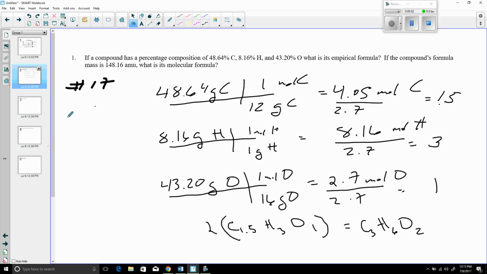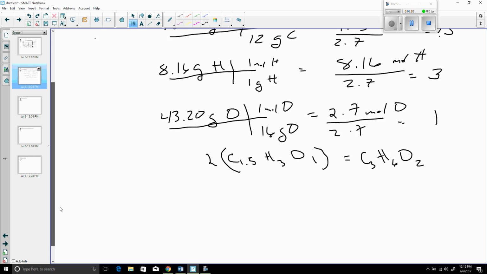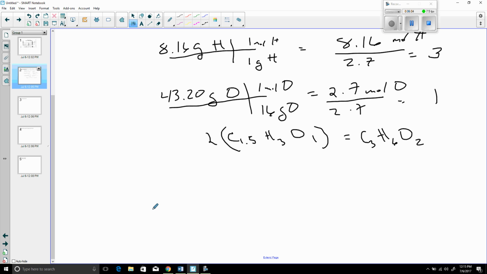Now it wants to know if the compound's formula mass is 148.16 AMU, what is its molecular formula? So in order to do that, I have to figure out first the molar mass of my empirical formula. Sorry about my handwriting, it's never going to be good on here. We have carbon, 3 times 12.